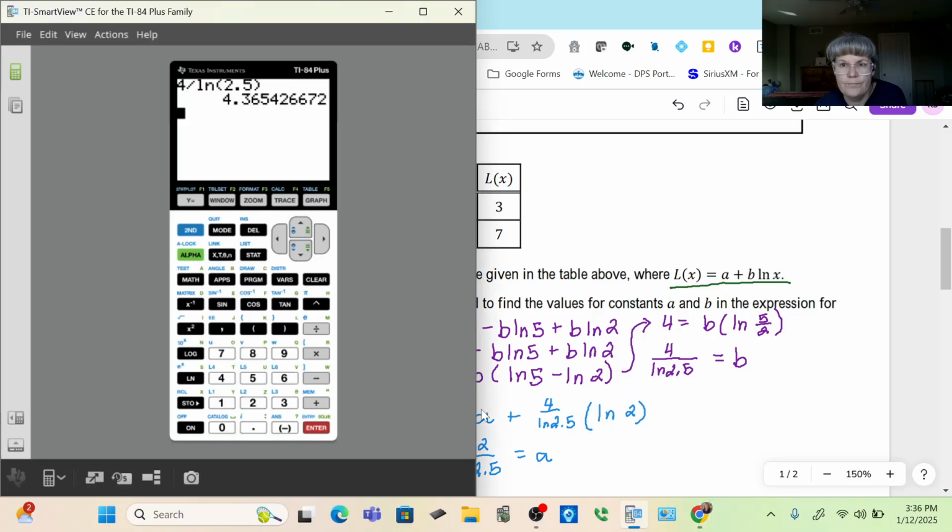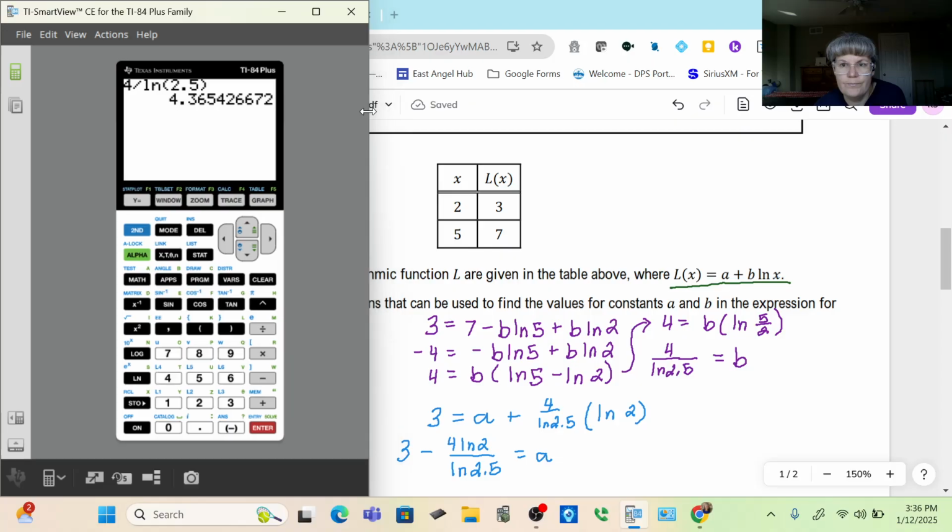Grab my calculator again, make my box a little narrower here so I can read everything. We have 3 subtract, and I'm going to place that 4 natural log of 2 in parentheses.